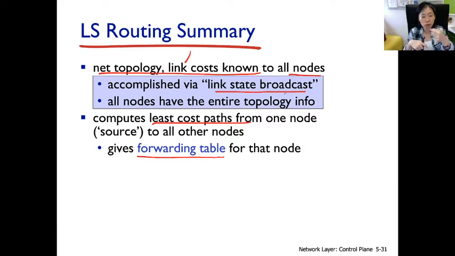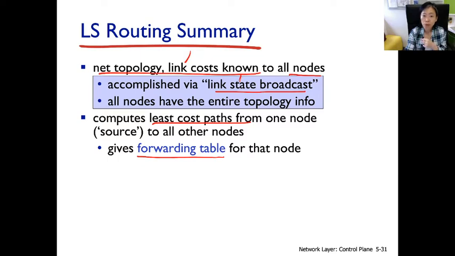That includes the ID of the node itself, the ID of the immediate neighbors, and the cost on the link to these immediate neighbors. So these are the local information: the node, the neighboring nodes, and the link cost to the neighboring nodes.